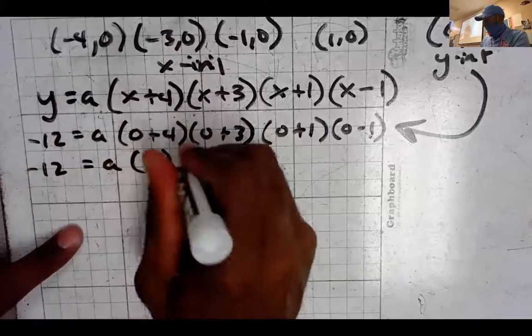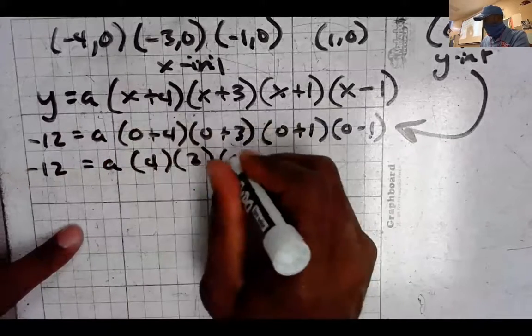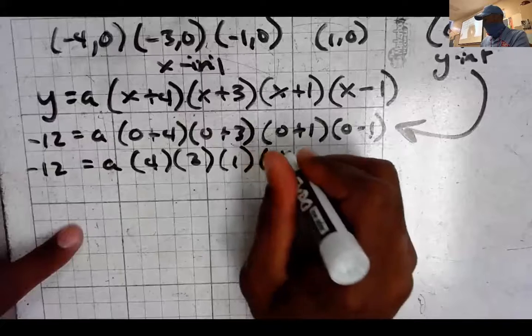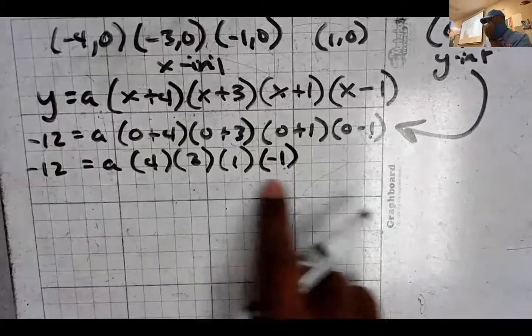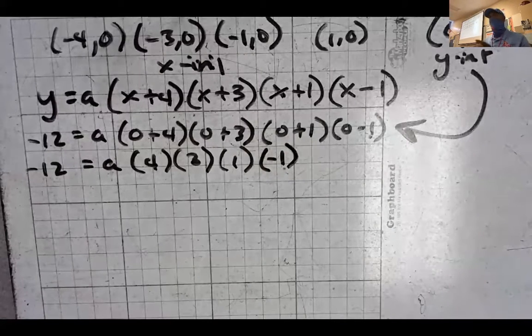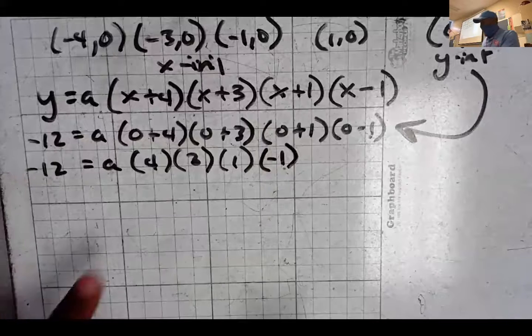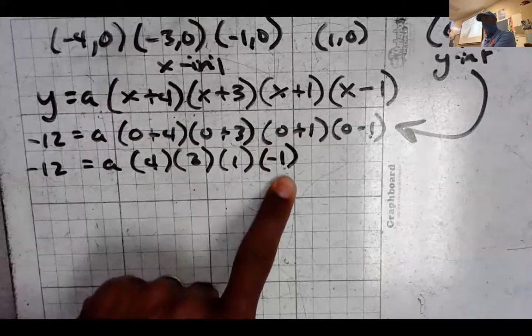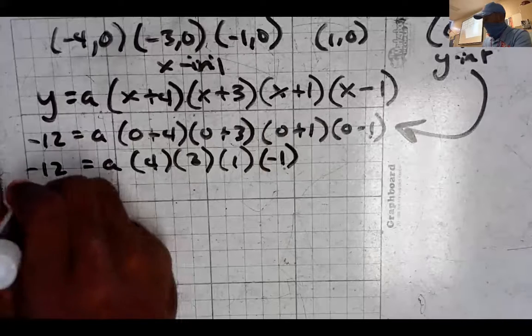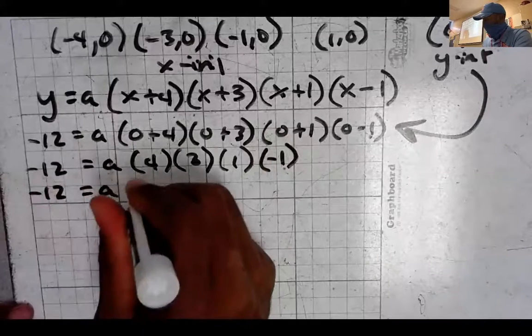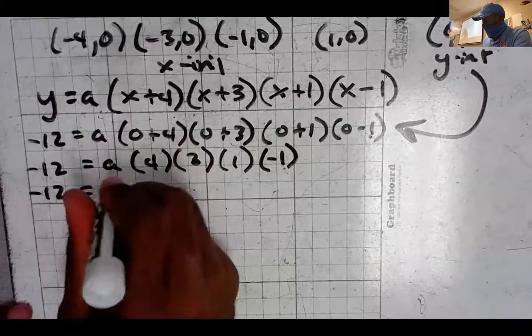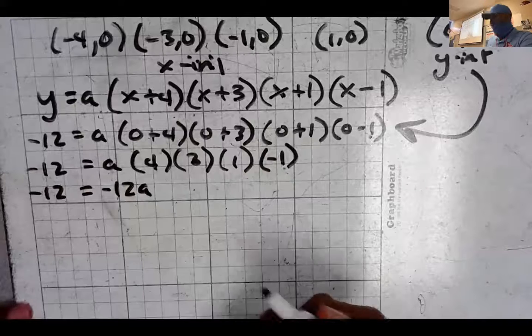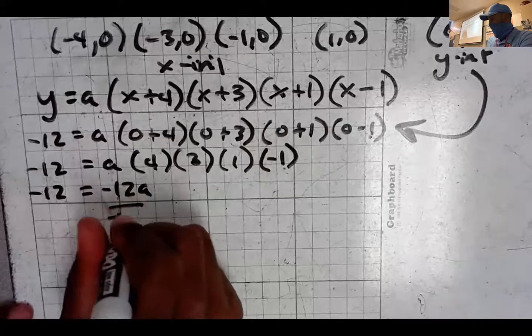So now I'm multiplying 4 times 3 times 1. Again, this is why I like to use the numbers that have 0, because now I just have to multiply that and add up everything. Okay, so now we got 4 times 3, 12, times 1 is 12 again, times -1 is -12. So now it's -12a here. Last step to find a, divide by -12.